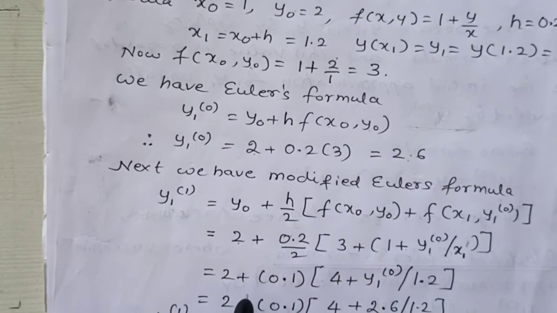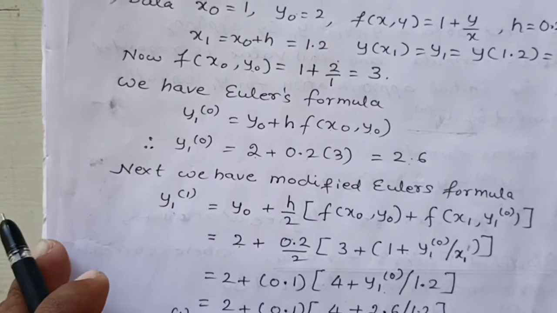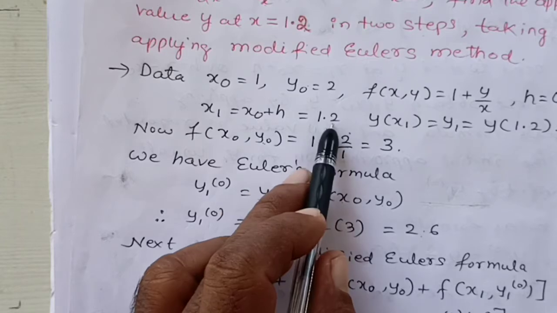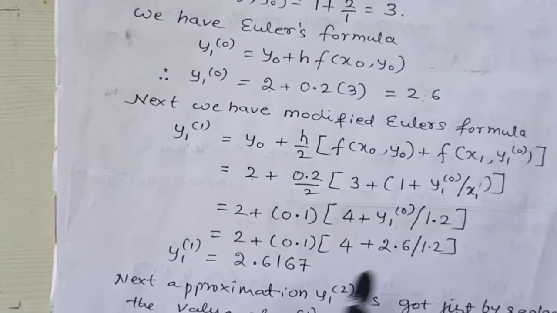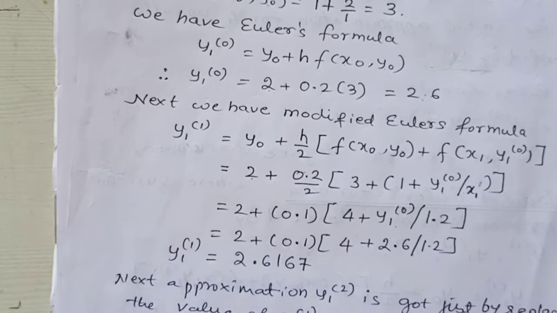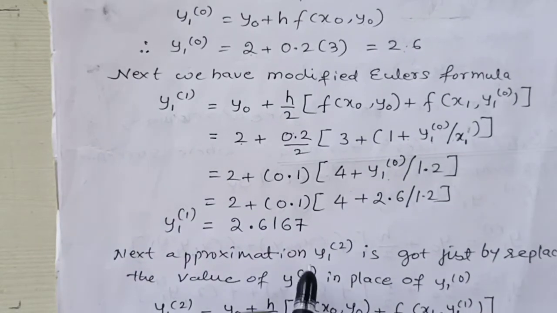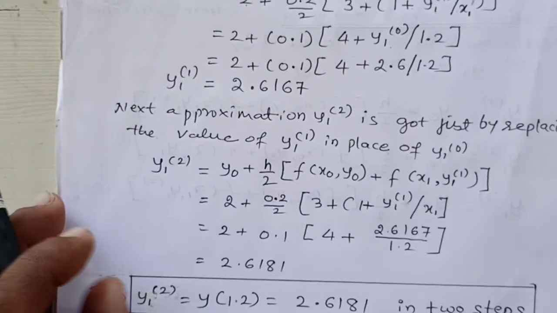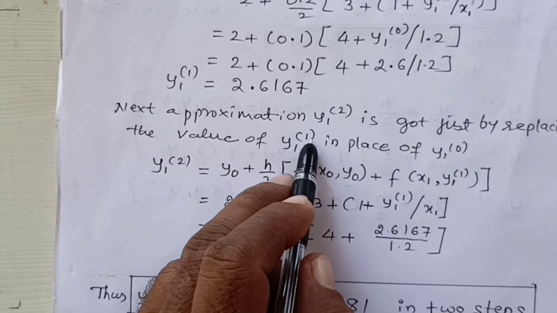So it becomes 2 plus 0.1, 0.2 divided by 2 is 0.1, 3 plus 1, 4, y1 at 0 divided by x1. x1 is 1.2. So we are going to get y1 at 1 is equal to, in step 1, 2.6167.